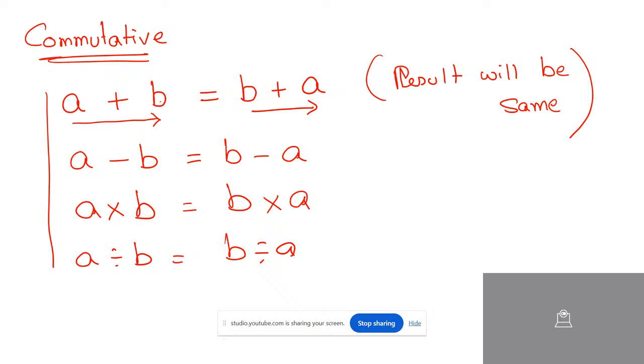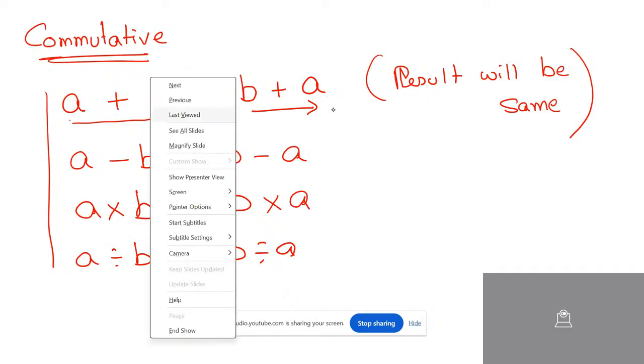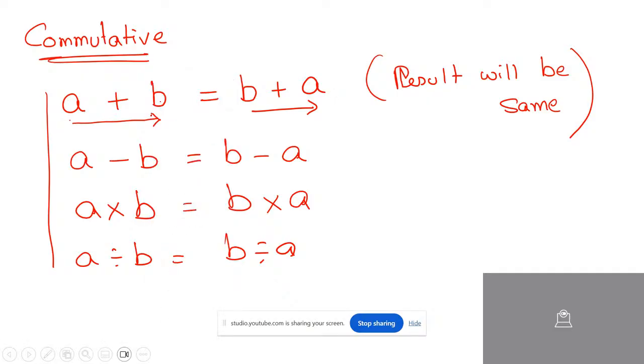Let us see whether it will happen or not. When we add two numbers in any order, if the result is same, then we will say that those numbers are commutative under addition. So we will check whether rational numbers are commutative under subtraction, multiplication, division.